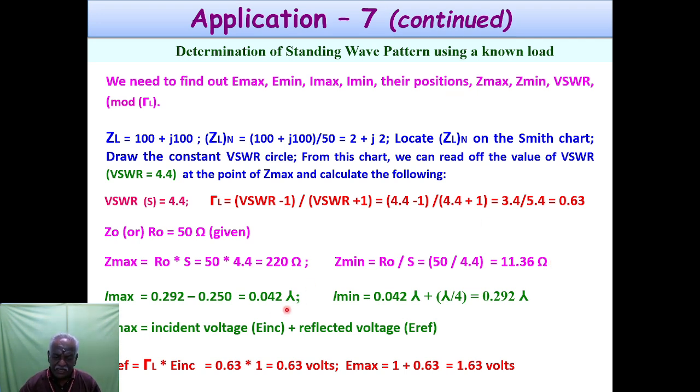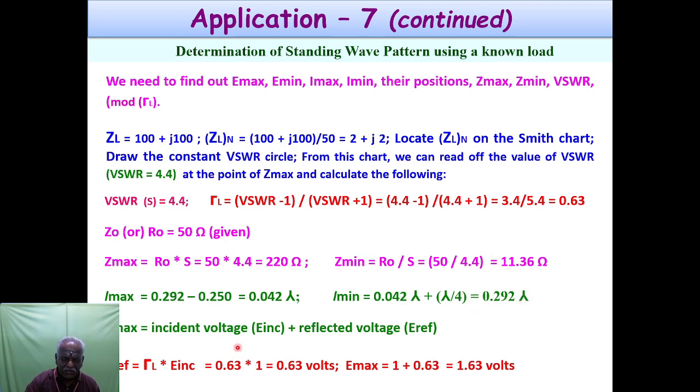This is L maximum. On the right side of the real axis we have noted this value. On the left side we mark L minimum, which is equal to 0.042 lambda plus lambda by 4. If you move again lambda by 4 distance, you will get the L minimum point, and the length you will determine is again 0.292 lambda.